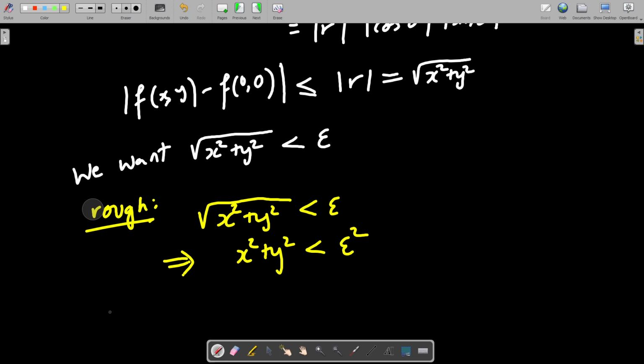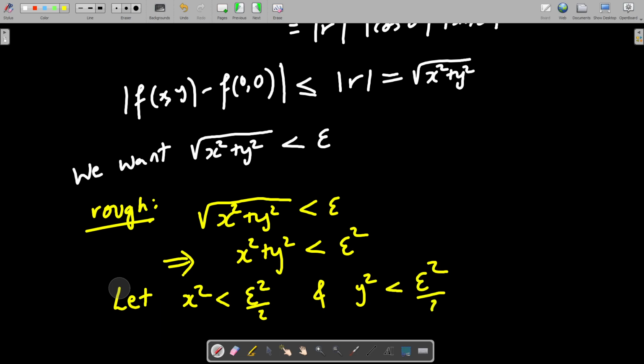So it's very essential here that you write let over here, not implies. So let x square be less than epsilon square by 2, and y square be less than epsilon square by 2. This is not a direct follow-up from the statement. I am assuming this condition that x square is less than epsilon square by 2 and y square is less than epsilon square by 2.